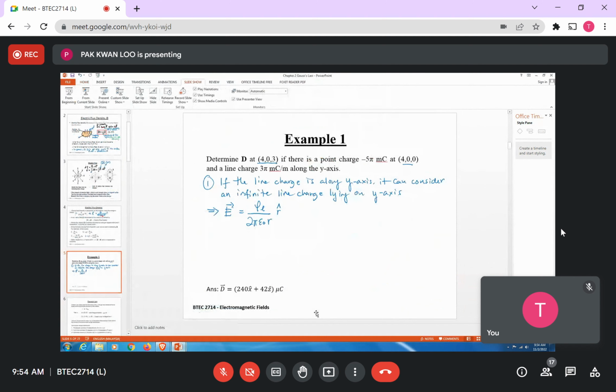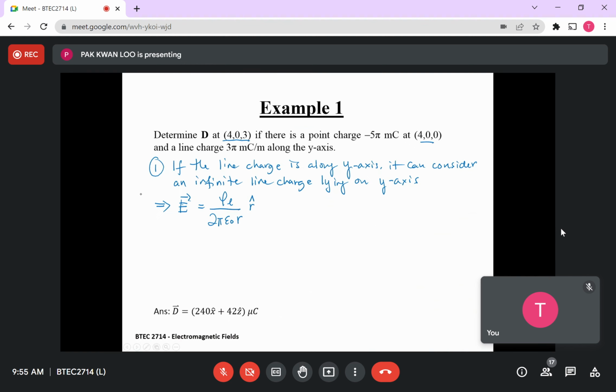Okay. So if it's along the y-axis, therefore at this point, so x, y, z, right?